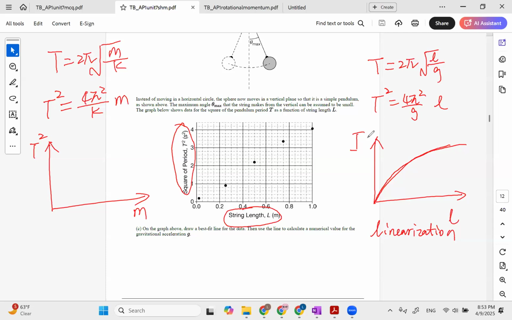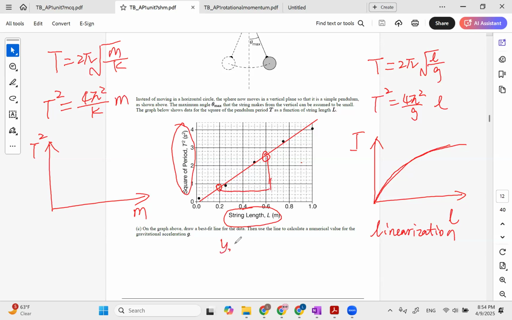And then what you need to do, first, you draw the best fit line, like a mean value, right? Then remember, you need to physically show it: pick 2 points on a line.